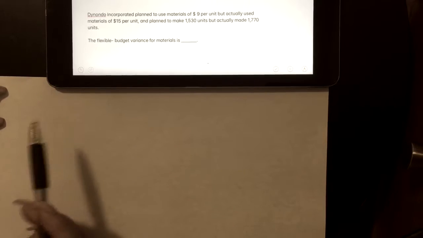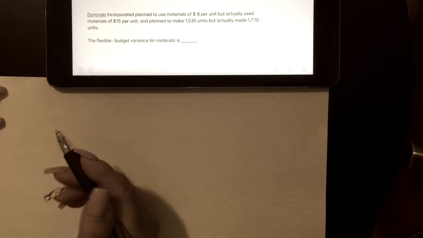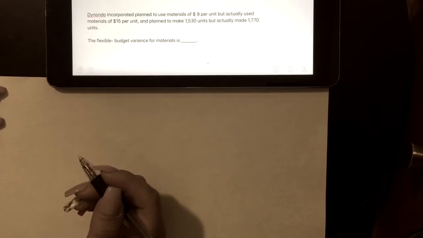Now, in order to find out what the flexible budget variance is for materials, we will first need to know the formula.